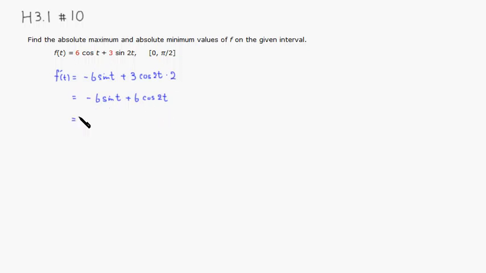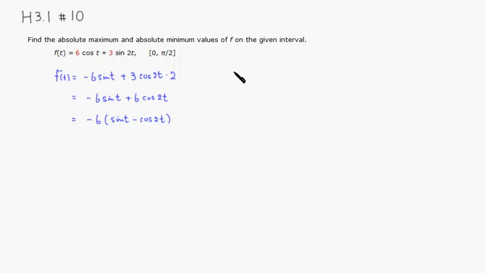Before we set it equal to zero, I'm going to pull out the negative 6. So you have sine of t minus cosine of 2t. Then we use the trig identity.